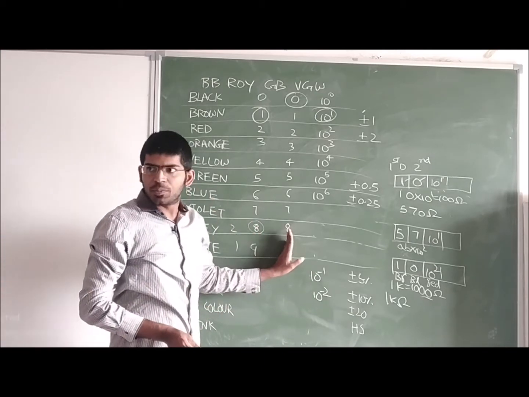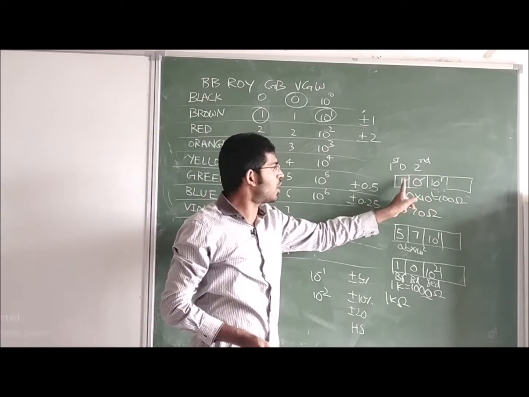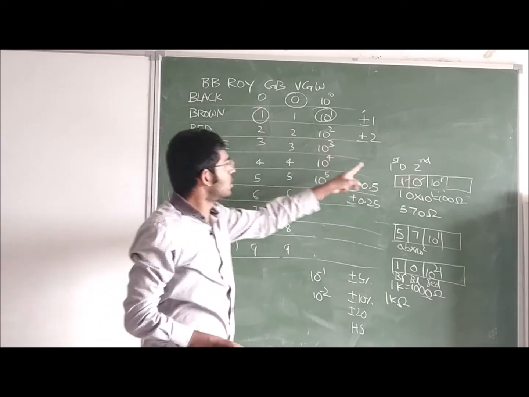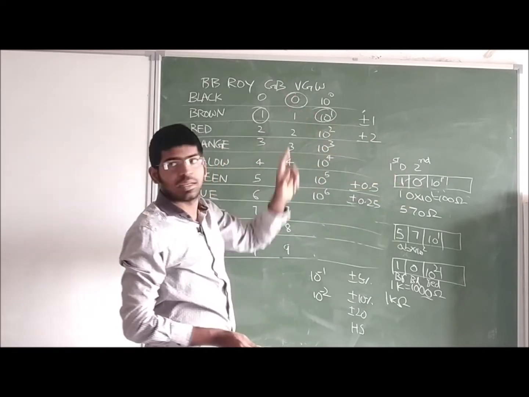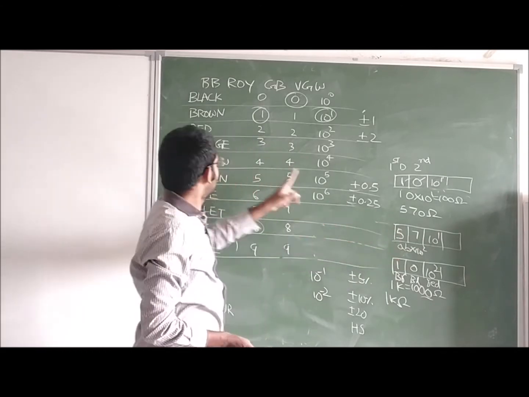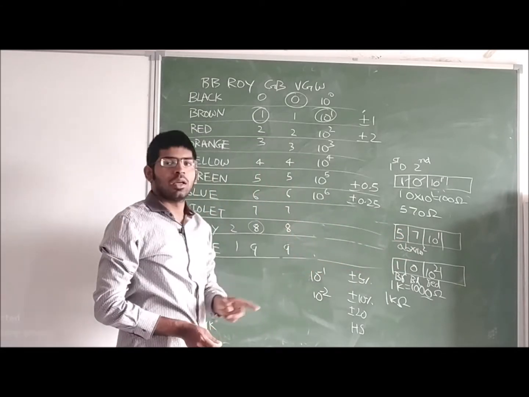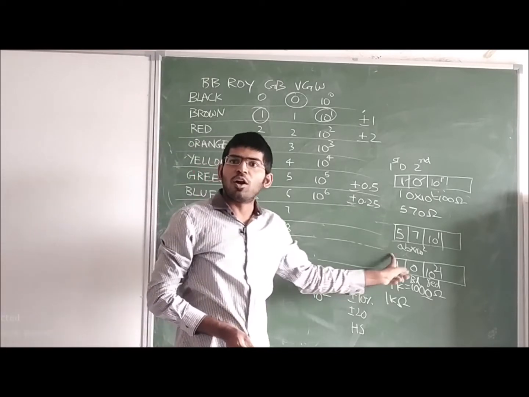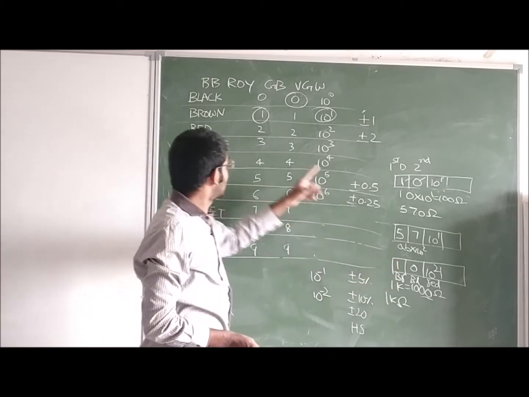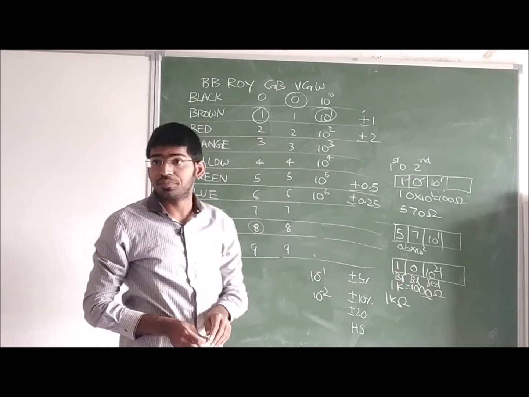First 2 digits, if I take here 1 0, 1 means the color brown, 0 means the color black. Now I need 570 ohms resistor. 5 means green, 7 means violet. Now I need 1 kilo ohm resistor. 1 means brown, again 0 means black.